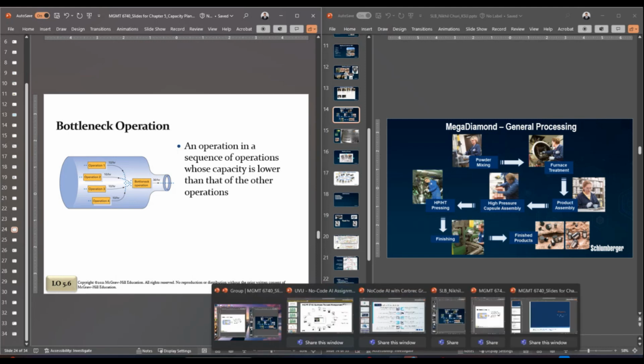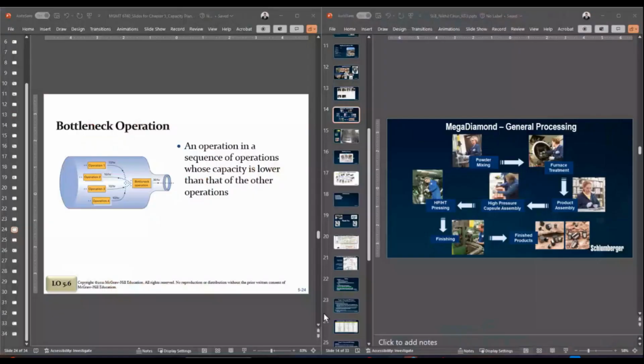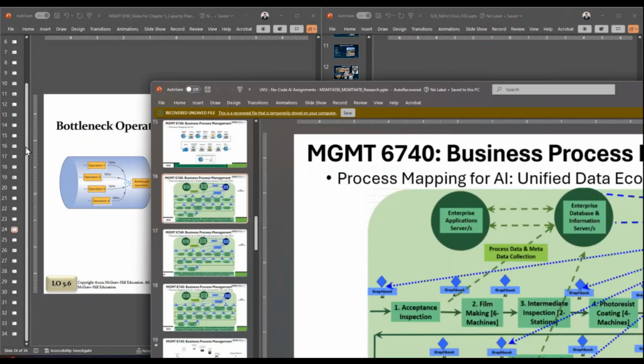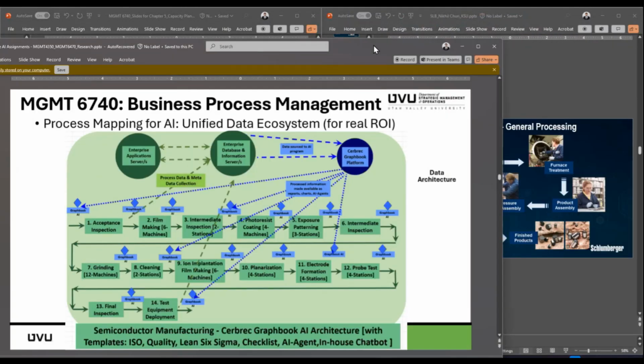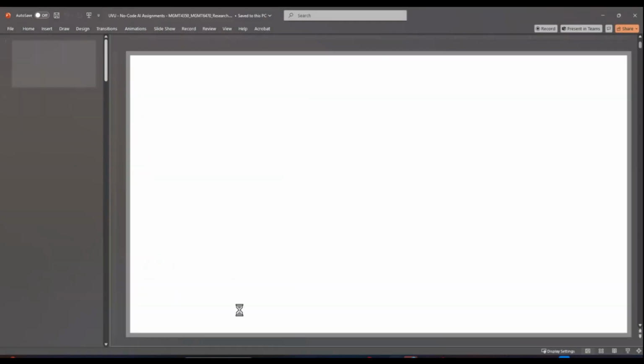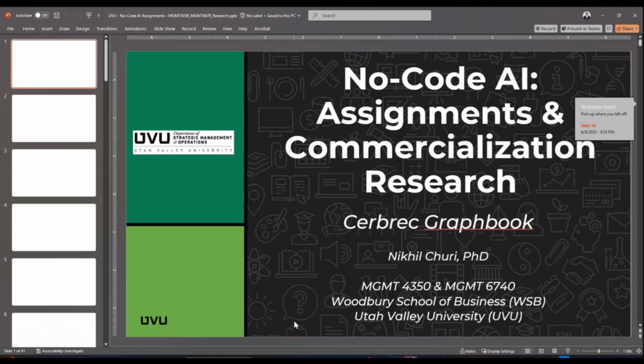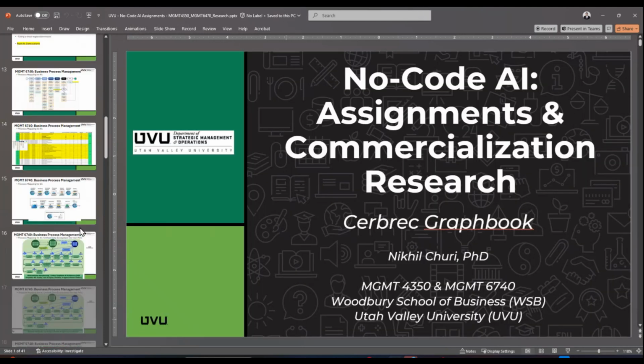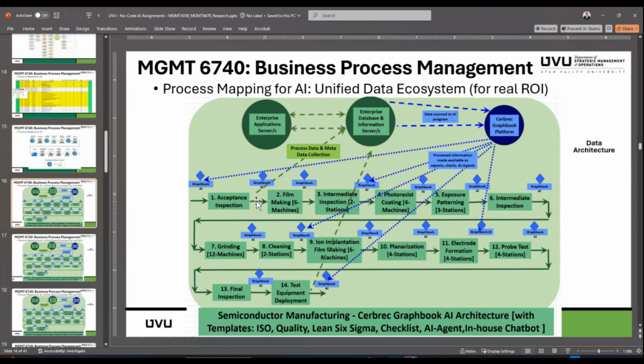To give some more context on this part, here you go. This is something that I displayed in lecture number 1, as well as lesson number 2. This is your semiconductor manufacturing process block diagram.